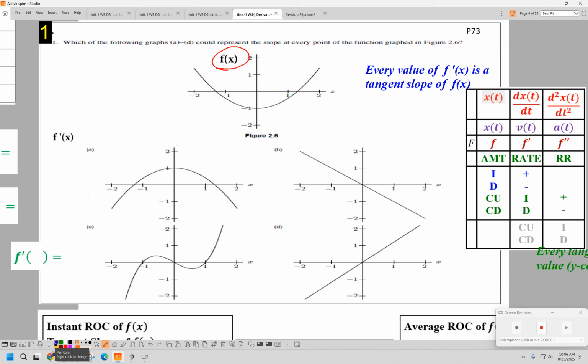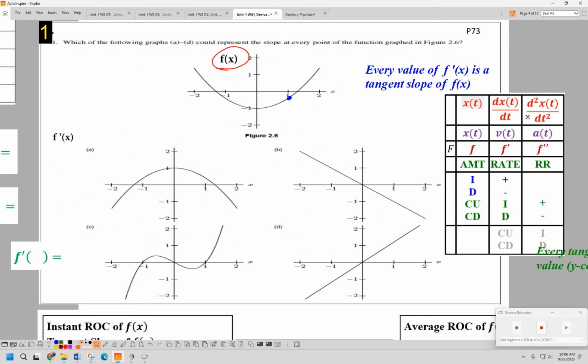If I look at that point, and then I look at Danica's chart over here, I'm investigating the points in the vicinity. And I want to know, as I look at those points, do I see those points on F going up or do I see them going down? That's what I'm looking for.